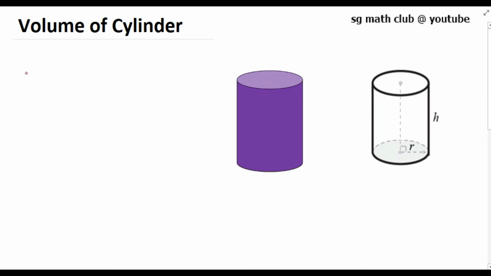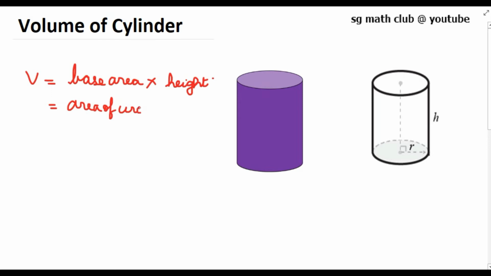Now, the volume of the cylinder. We know that for any solid object, the formula is base area into height. Here the base is circular in shape, so base area is the area of a circle. So we can write area of circle into height, and the area of a circle is pi r square, where r is the radius of the circle, into h.